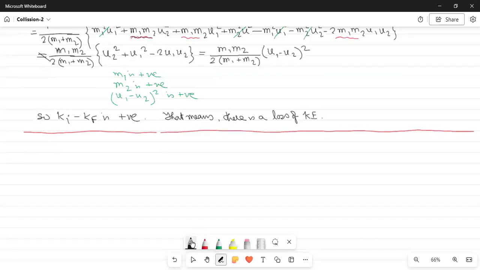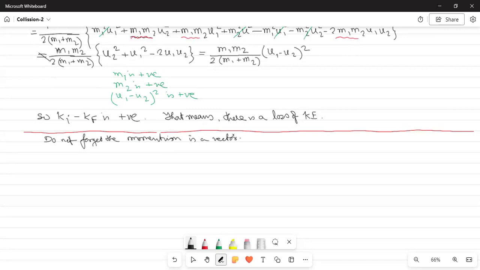Whenever you try to solve the problems of this collision and you consider the momentum or conservation of momentum, do not forget that momentum is a vector.